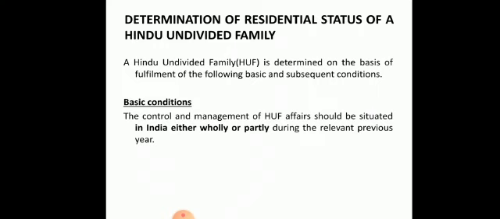The control and management of Hindu undivided family affairs should be situated in India. It means the control and management of the Hindu undivided family should be located in India either wholly or partly during the relevant previous year.